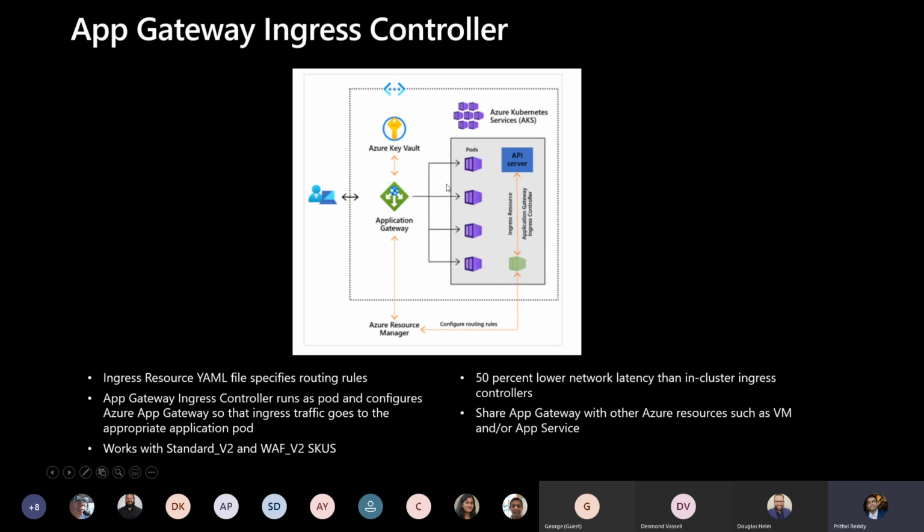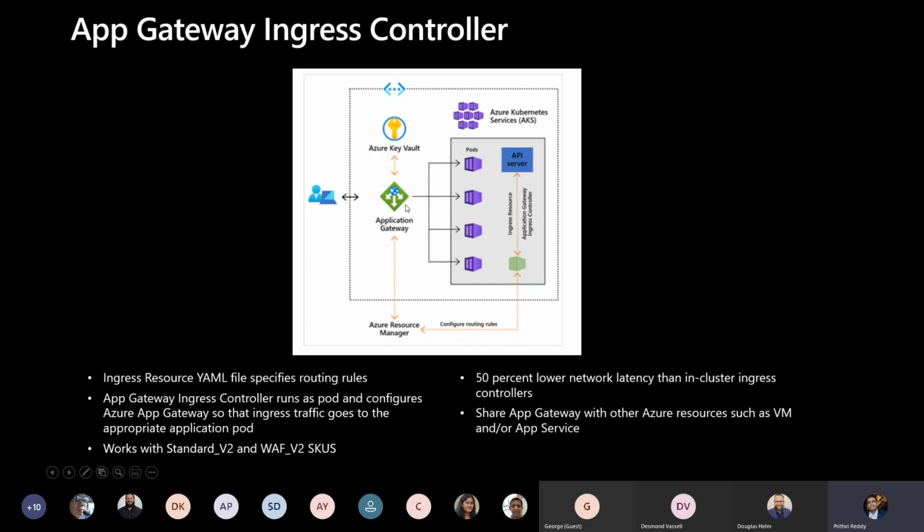Now, the difference between this and the traditional ingress controller is that with App Gateway, it can access the pods directly, the pod IPs. This uses Kubernetes' advanced networking, which is referred to as CNI in AKS.